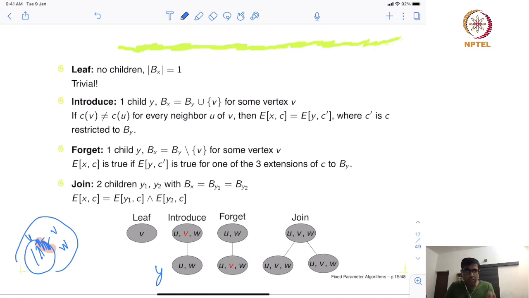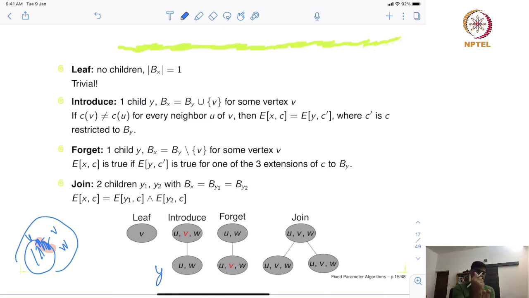If I forget the color of V, then that provides a partial 3 coloring of the bag Y. So now I ask myself, if I assign this color, where are its neighbors, where are the edges? Its edges are either to U or to W or to none.